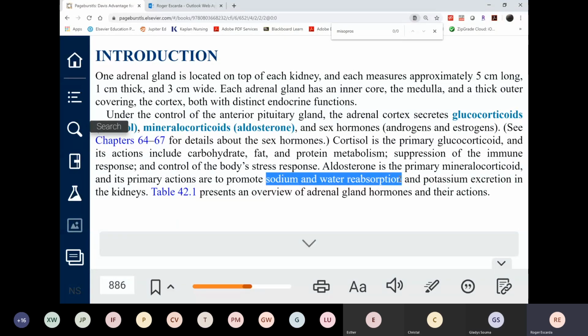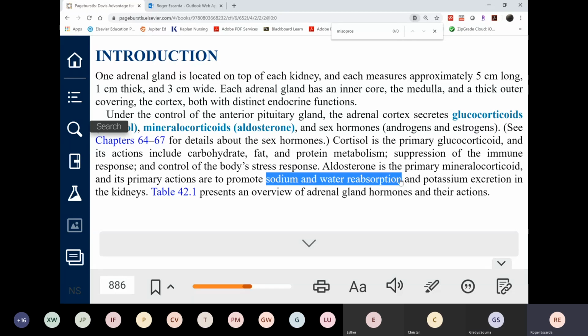On the other hand, if you have too much of it, then you'll have high sodium and high water, increasing blood volume, increasing blood pressure. But also remember the sodium-potassium relationship. So in one end, if your sodium is low, that means potassium is high. And on the other end, since your sodium is high, potassium will be low.